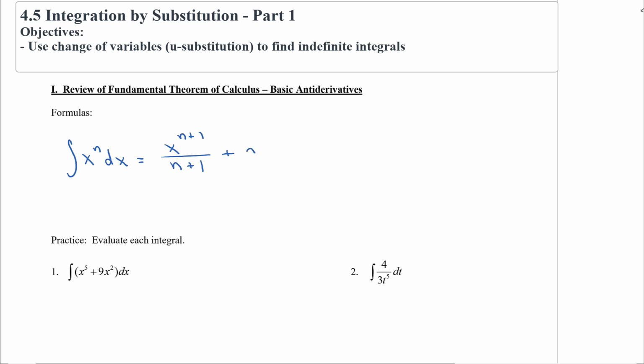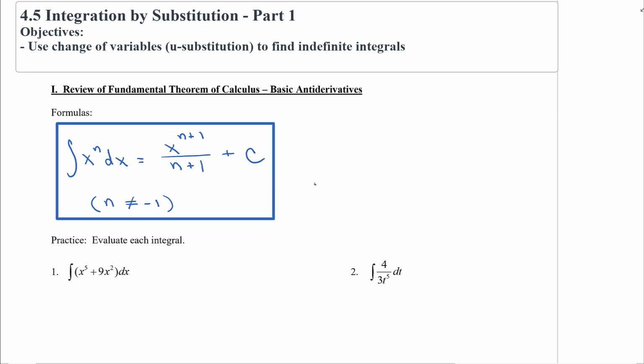And then to the side of that fraction, we're going to write plus c. And then inside parentheses, underneath this formula, I'm going to write down n cannot equal -1, because if n is equal to -1, then that would be undefined. I'm going to go ahead and box this entire thing in, and that's going to represent our first formula.